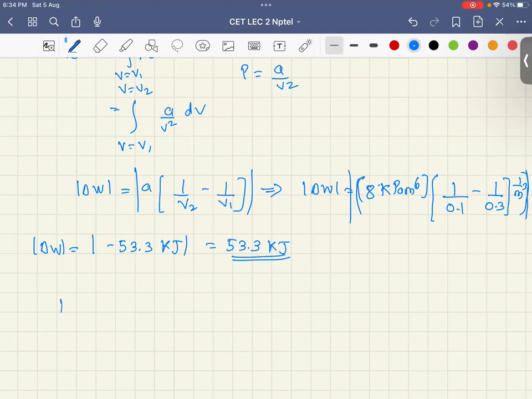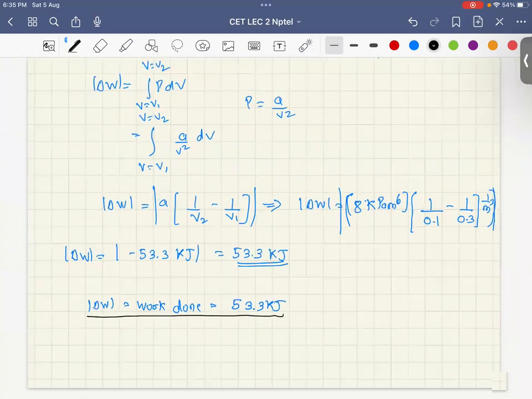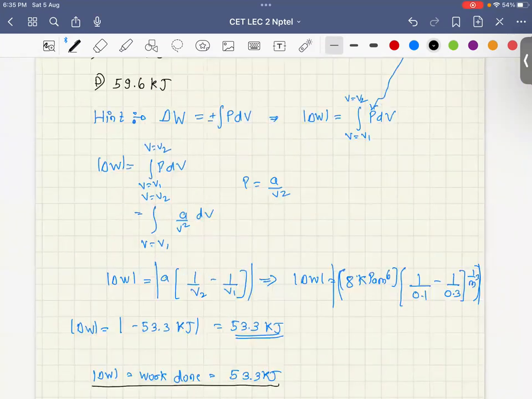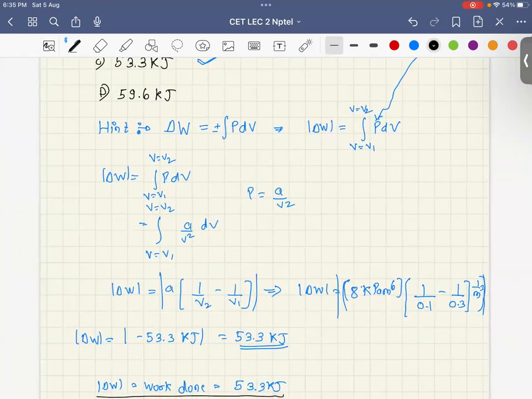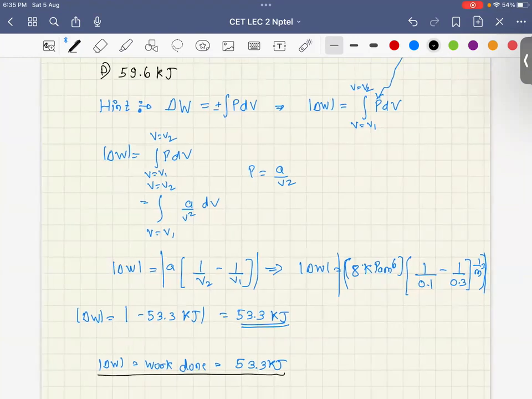And this is the answer. The work done is nothing but 53.3 kilojoule. So you can write it down if you would like. I'll give you a couple of minutes. Then we'll move on to the next question.